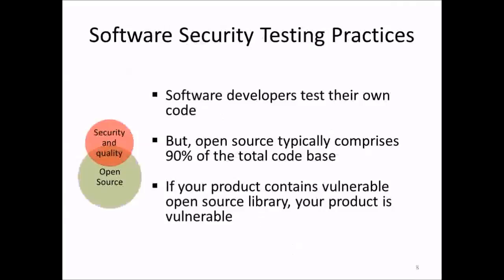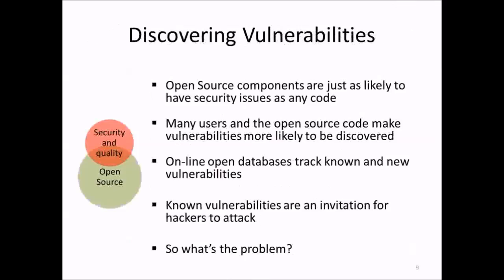You would apply tools and techniques to test and verify your own code. But normally, people would overlook the existence of a large amount of open source libraries in their product, and if those open source libraries are vulnerable, then the entire product is vulnerable.